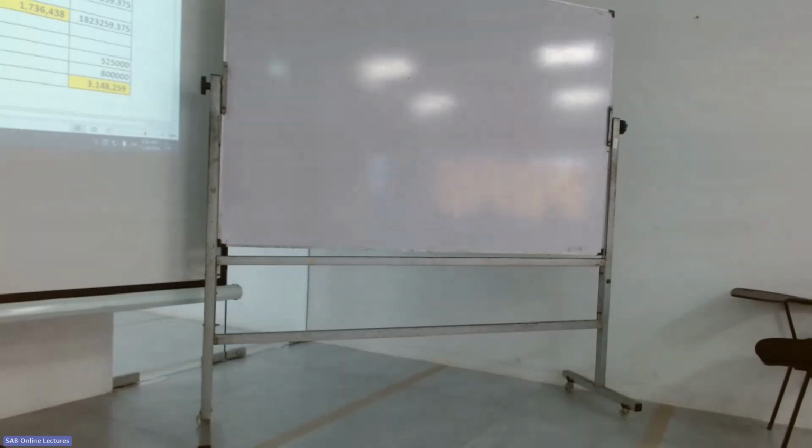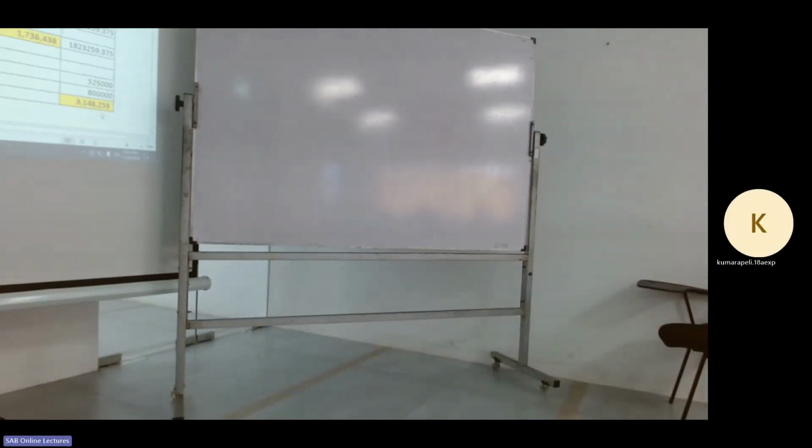How do you know the 500,000, 800,000, for the first 5.8 million? These are the incremental after-tax cash flows. Terminal cash flow 3.1 million. Right.